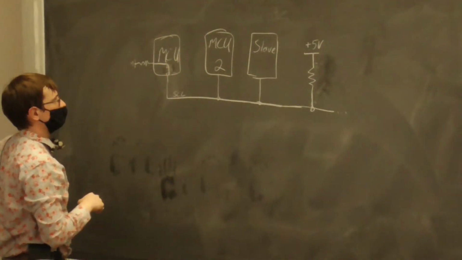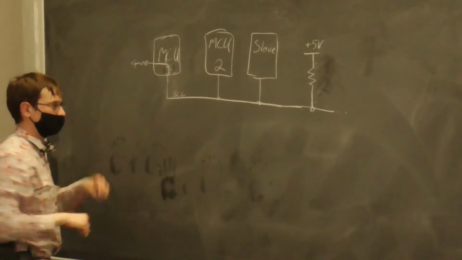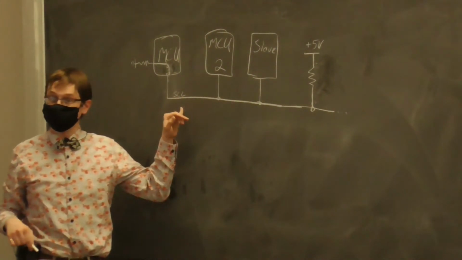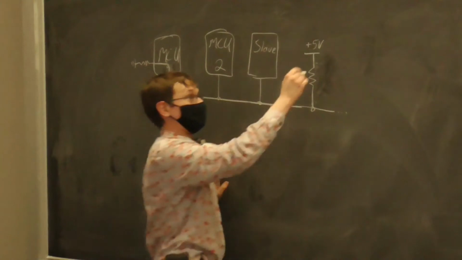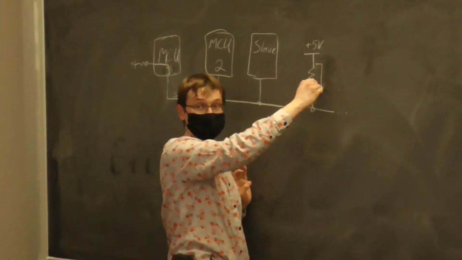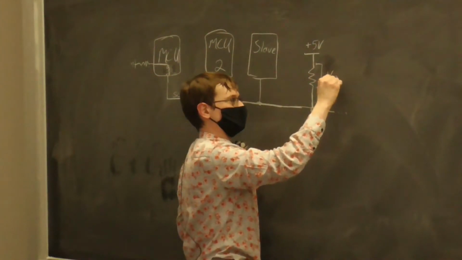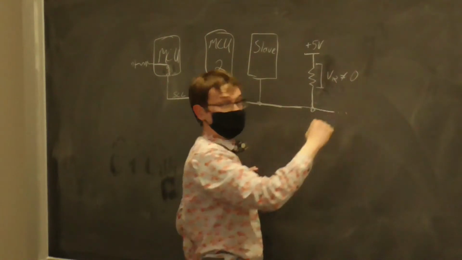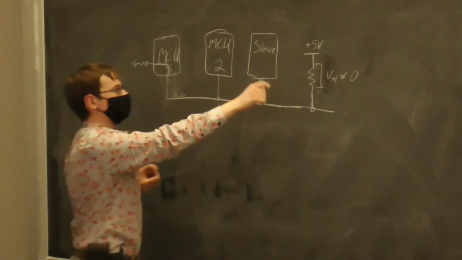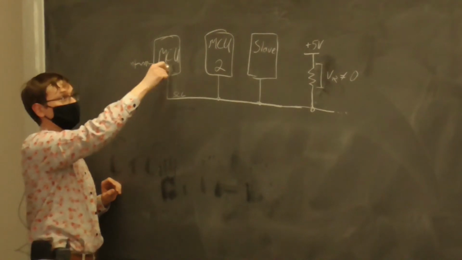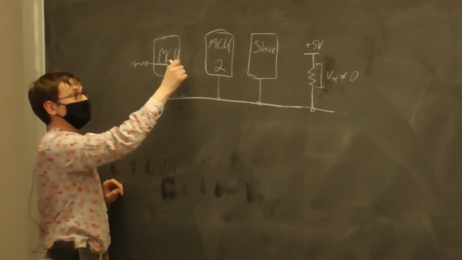Anyway, this line goes low because you now have that voltage drop across the resistor, so VR is no longer equal to 0. So this line goes low if this switch gets closed.